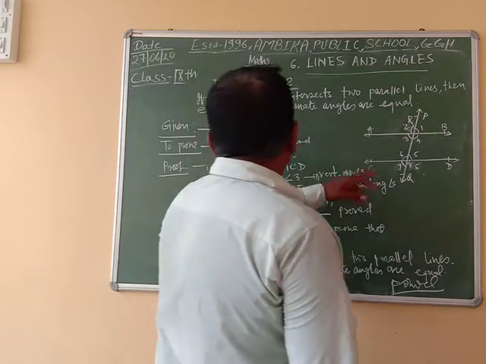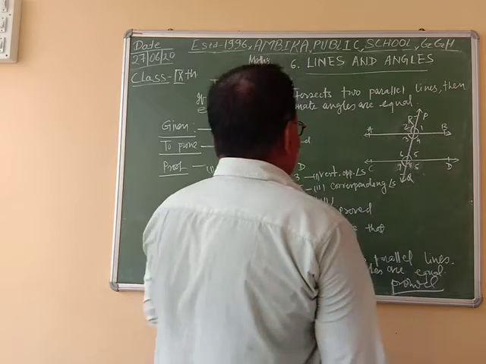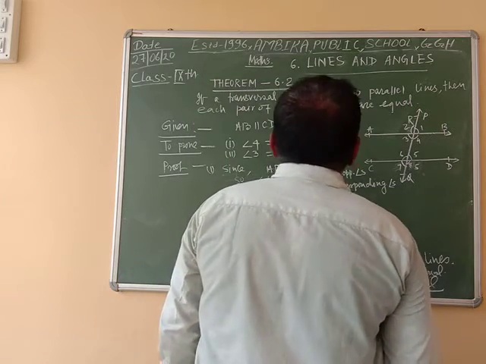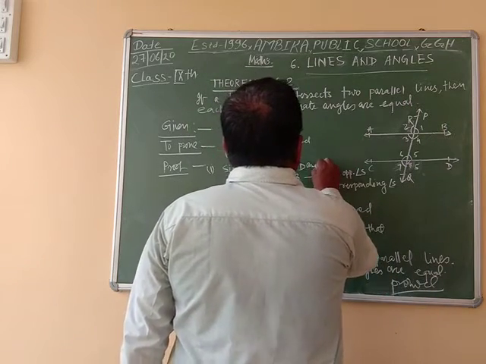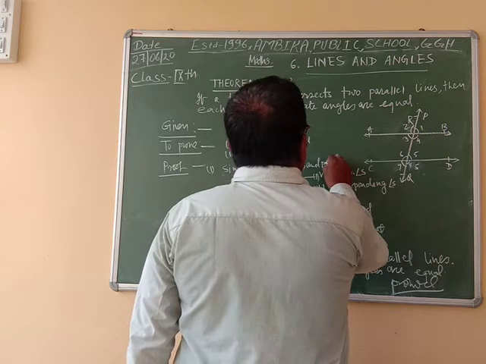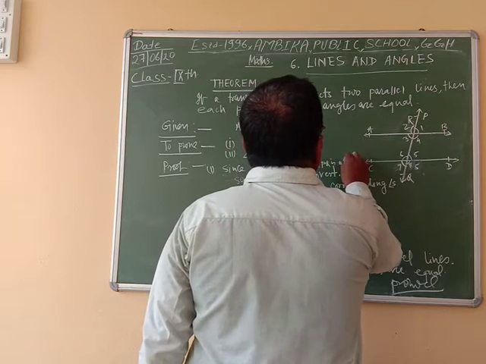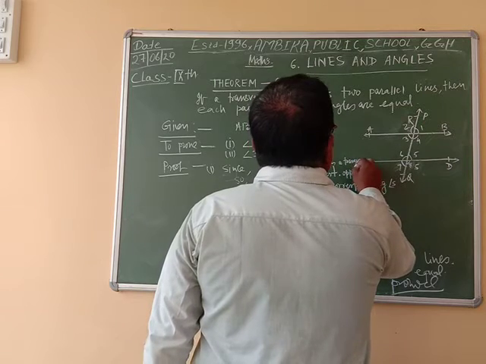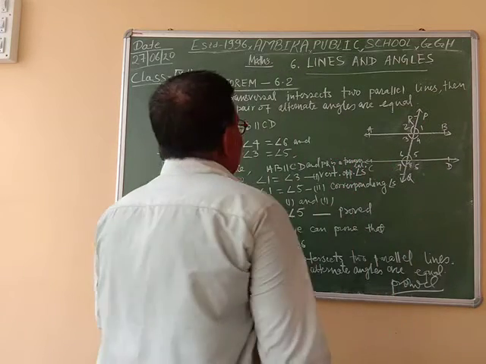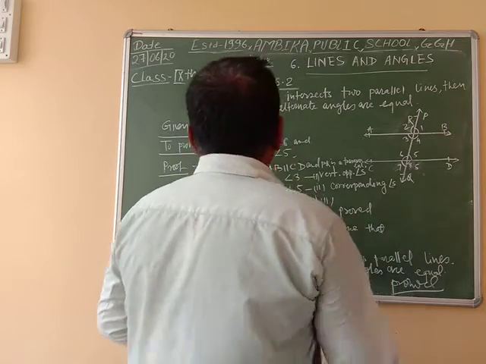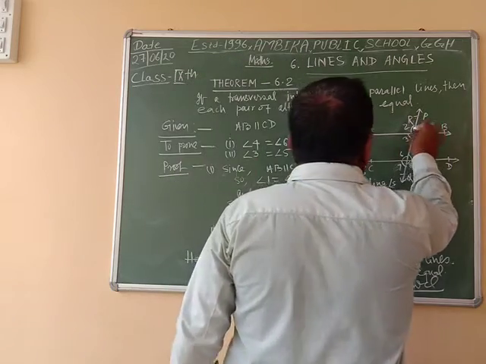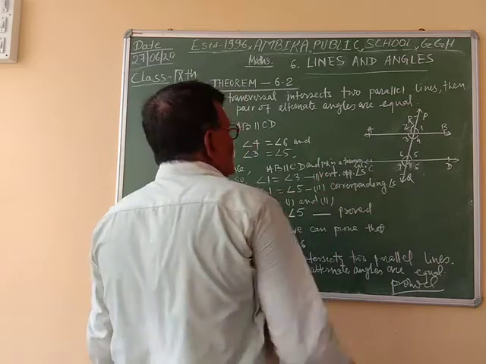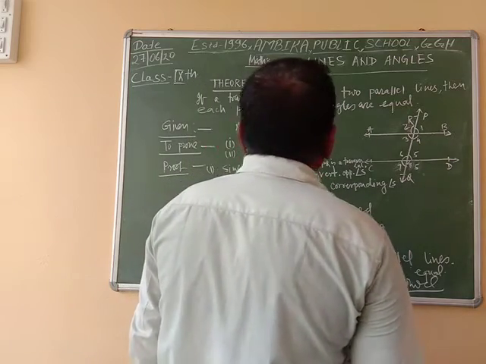Since AB parallel CD and PQ is a transversal, angle 1 is equal to angle 3 from theorem 6.1.